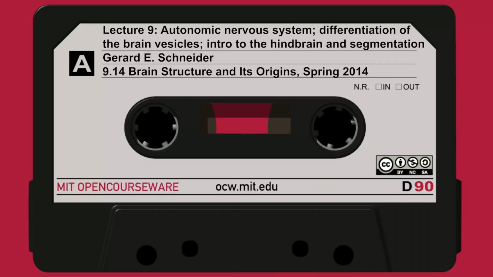This is just examples and actual photographs of mouse embryos showing gene expression. They're immunostaining using antibodies that are specific for the protein products of the HOX genes. So this is HOXB1. You see it's expressed in one little region in the brain, and then more caudally it's also expressed.